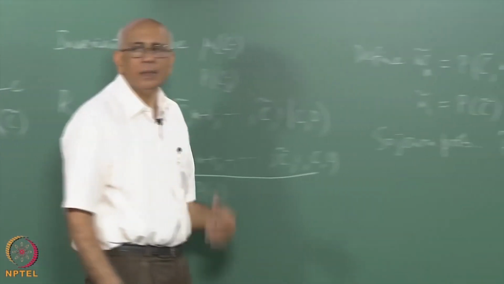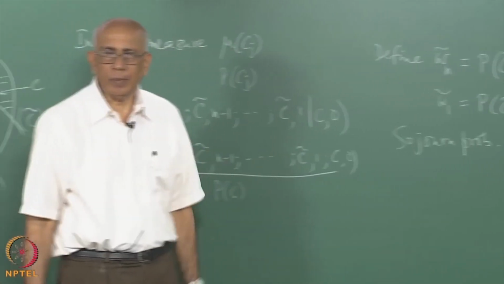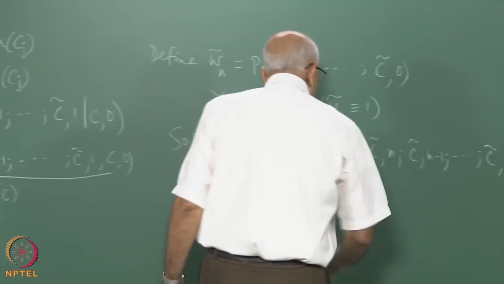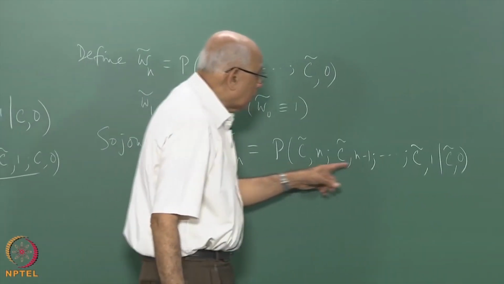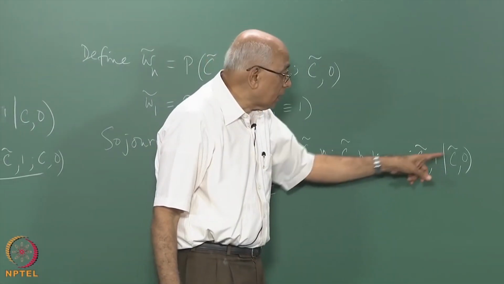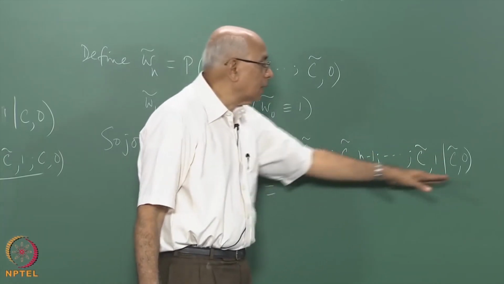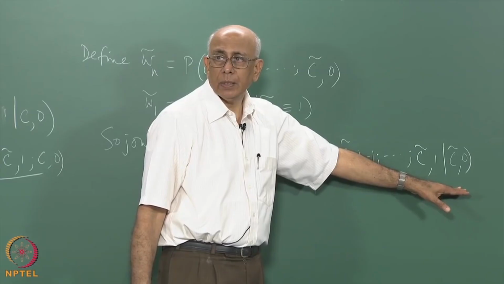H because halting, I halted in this complement here. But this is equal to the joint probability with C tilde at 0, without the bar but with a semicolon, divided by this invariant measure P of C tilde.